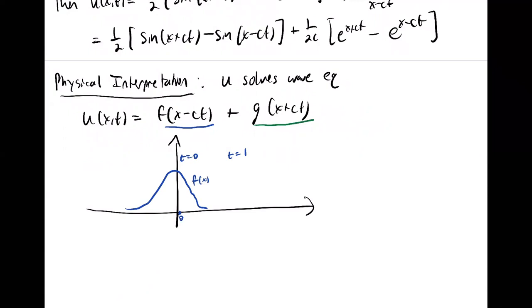So I shift the origin to the point where x is equal to 1, and this moves to the right. When t is equal to 2, it shifts again, and you get something like this. So viewing the graph of the function as a wave, f moves to the right at speed c.